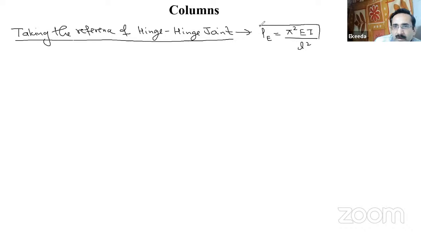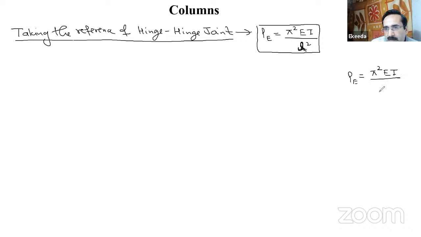So we can find out the equivalent length. If we take the reference, this L, the lower term, can be considered as the equivalent length. If we take Euler's load in this form, pi square EI upon LE square, here LE is called the equivalent length.